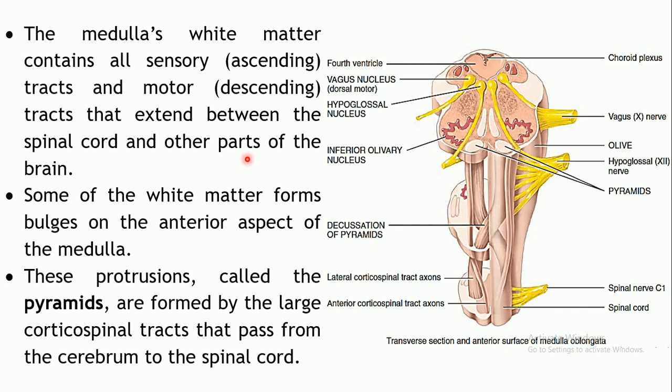So it acts as a part which helps in connecting the spinal cord with the higher areas of the brain, to send the sensory impulses and to convey the motor impulses from the higher centers of the brain, which are processed, and to give the output towards the spinal cord, from where it will move outwards in the form of spinal nerves, and it will reach the effector.